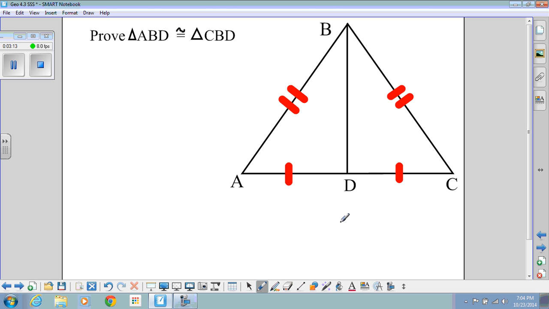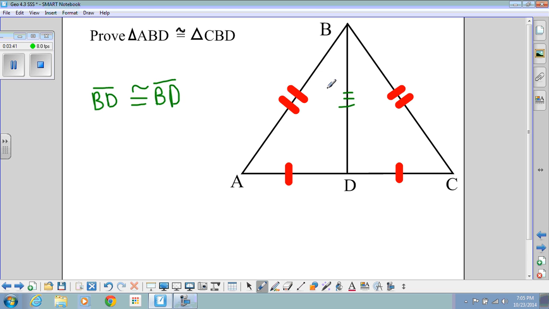But we would need to also say that this third side, BD, is congruent to itself. Now, I know we don't really hold a lot of weight for the reflexive property, but this is a great use of the reflexive property. So we can say that BD is congruent to itself, and that's by the reflexive property of congruence.